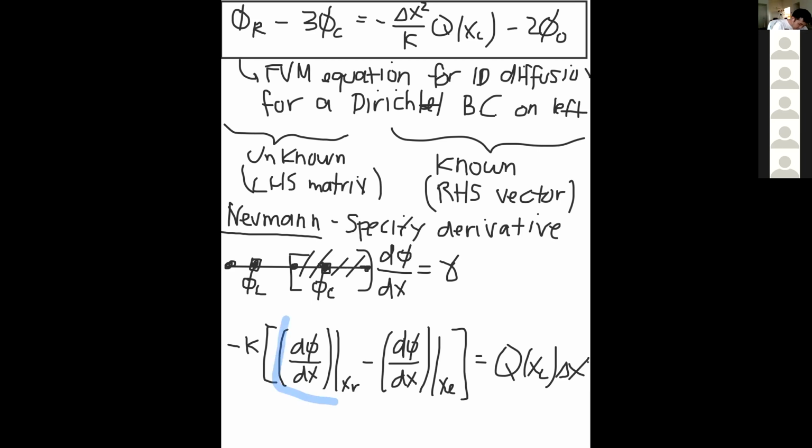This term right here is saying that what we need to plug in is d phi dx at the right side of our cell. Luckily for us, we know exactly what that is due to the Neyman condition. So d phi dx at the right side of the cell is just going to be gamma. So we're just going to put gamma in this equation. We don't have to do any finite differences. We just throw that in, and we'll be good to go.